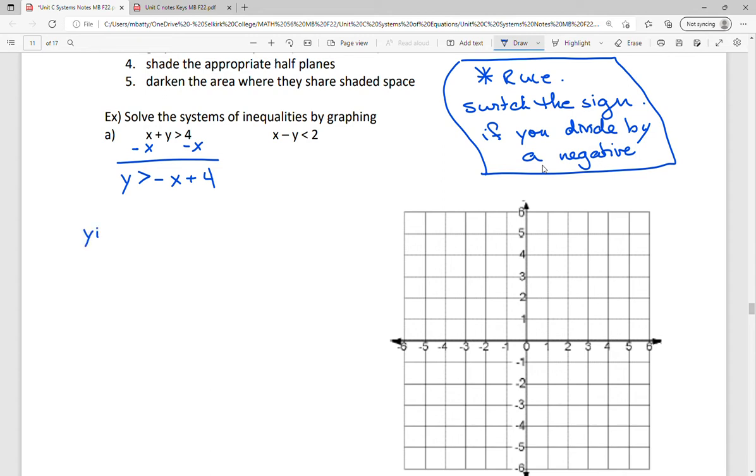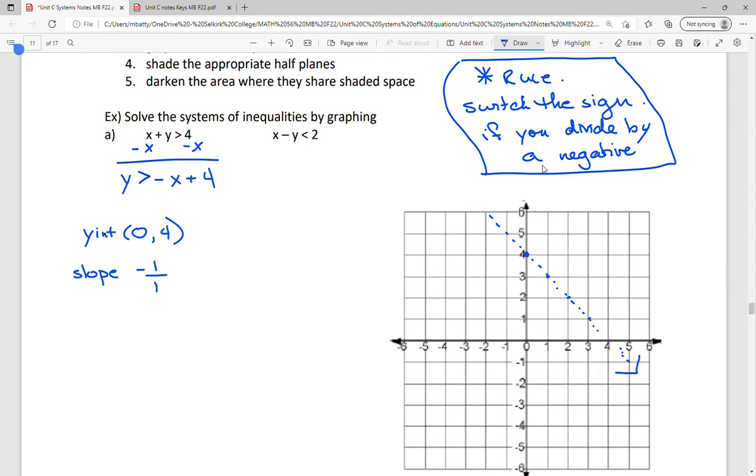Okay, so my y-intercept is (0, 4), and my slope would be -1/1. So I'm going to go ahead and put this on the graph, kind of process it as I go. So down 1 and over 1, down 1 and over 1. This is going to be a dotted line at this point. Dotted lines are a little bit easier for me to draw accurately.